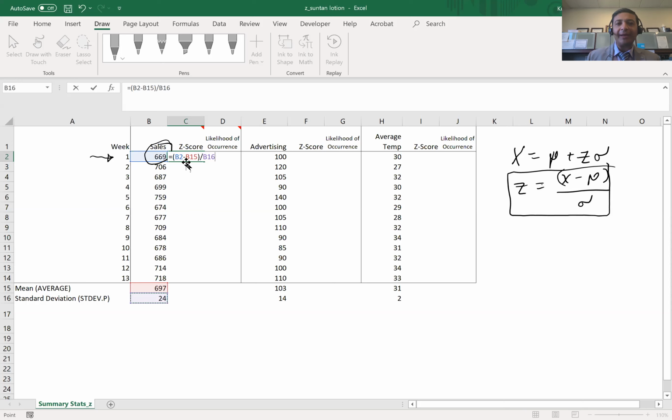Also understand that when I capture this value for the remainder of the weeks, my mean and standard deviation do not change for any of those values.